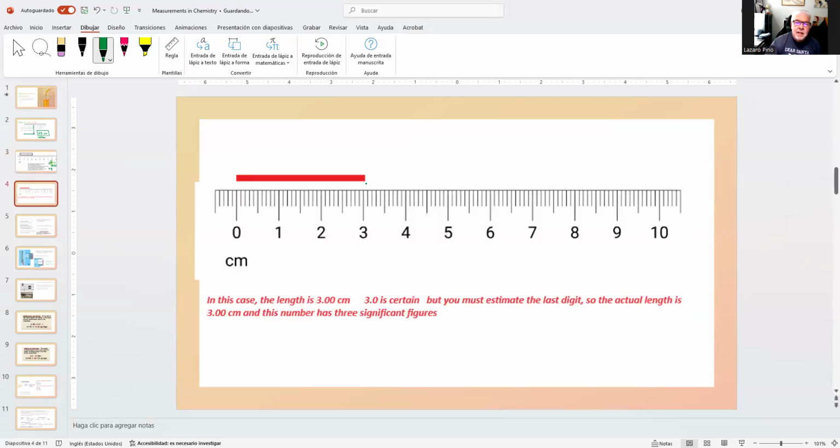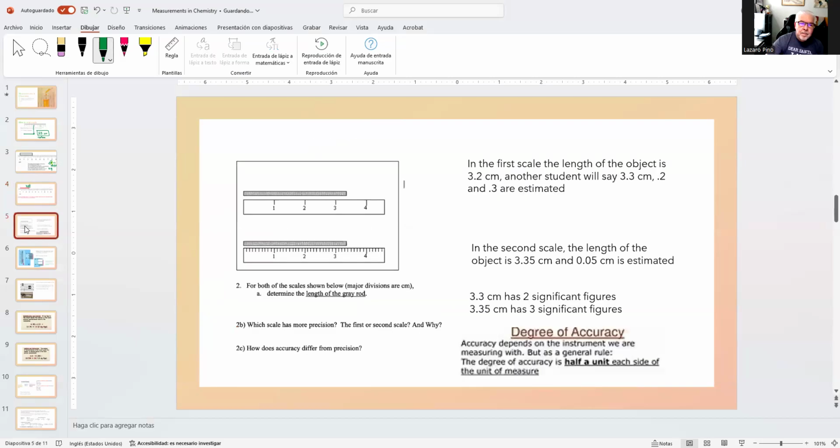You're sure that the measurement of this bar is 3.0. But as you have to estimate an extra digit, your answer will be 3.00. Remember, if you can measure until the tenth, you have to estimate the hundredth.